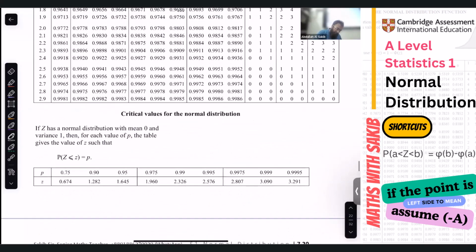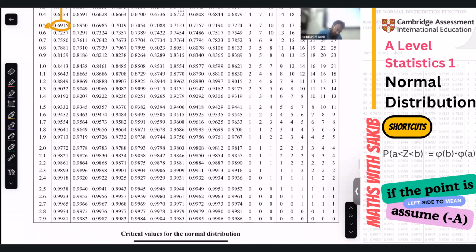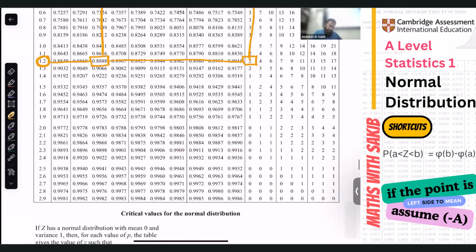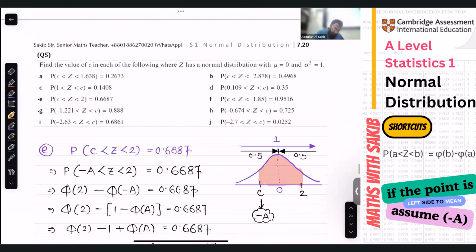I need to find the probability of 1.221. So that is 0.8888 plus 0.0002. That is 0.8890.